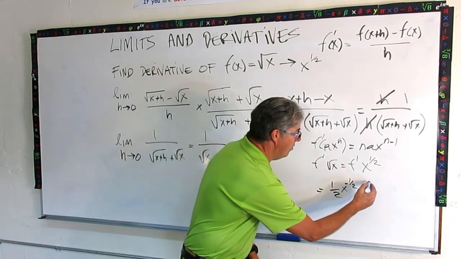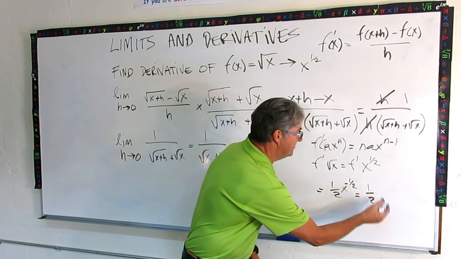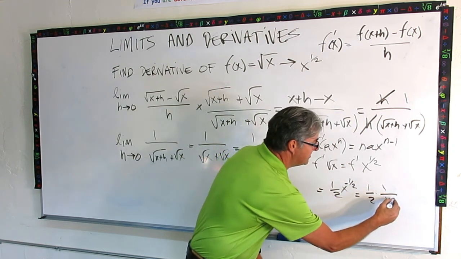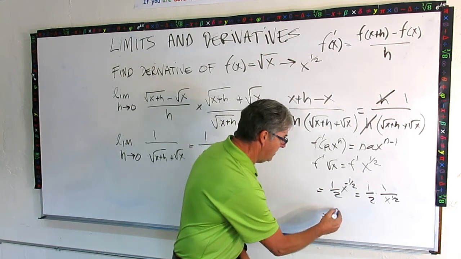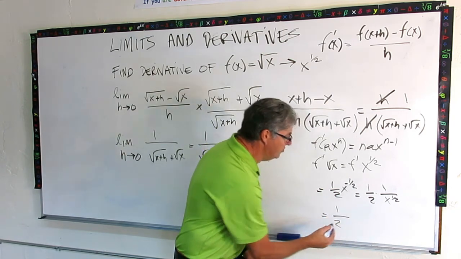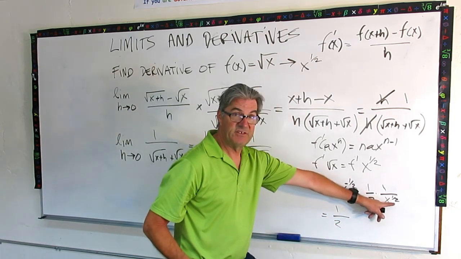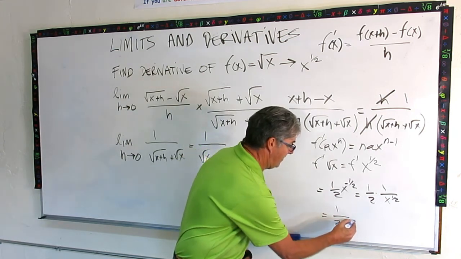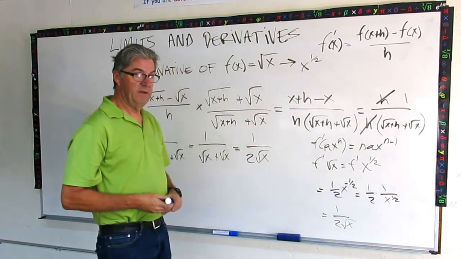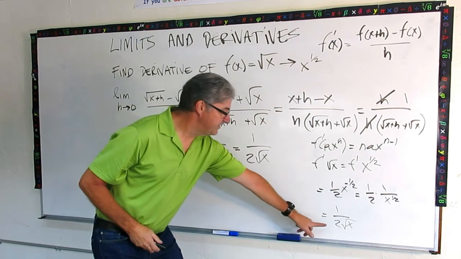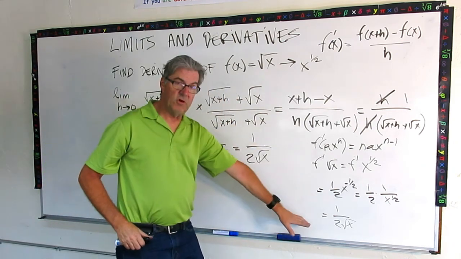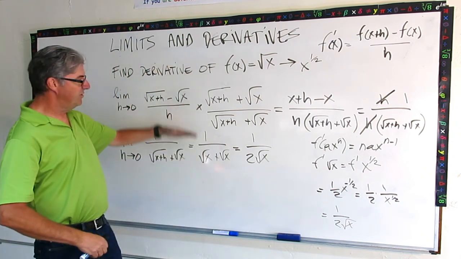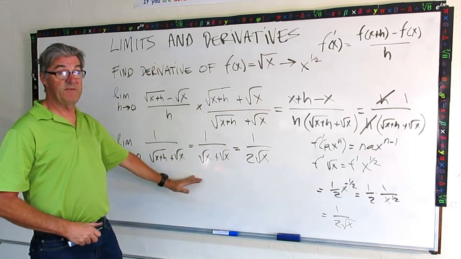So this is going to be 1/2 times 1 over x to the 1/2, which simplifies further to become 1 over 2 times x to the 1/2, and x to the 1/2, that's the square root of x. And presto, we got the same result that we got here. Okay? So again, derivative rule, quick check. Make sure you can do this process to find your derivative function.